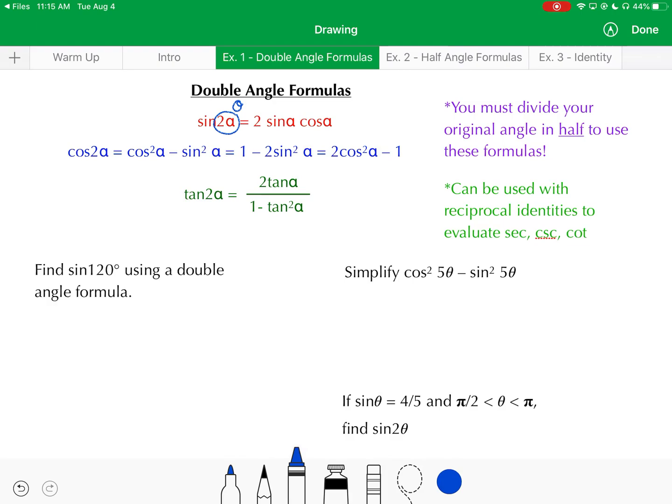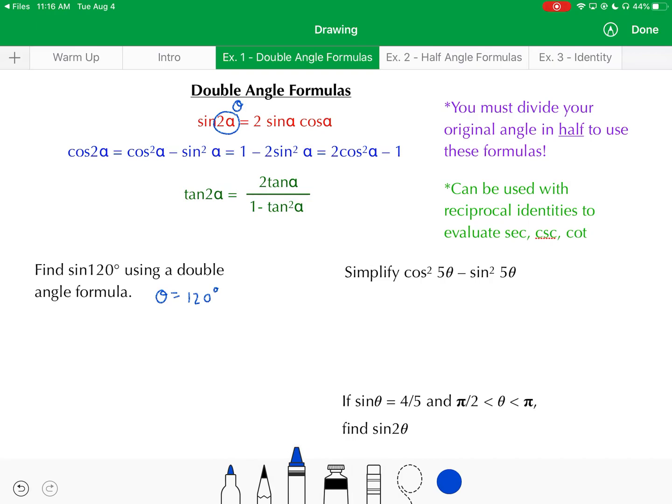So I have several examples related to these formulas. Let's start with the one over on the left here to find sine of 120 degrees using a double angle formula. Now, I really don't need a double angle formula for this particular function. However, just want to show you how it can be utilized still, right? So your angle is 120 degrees. Let's call that theta, all right?